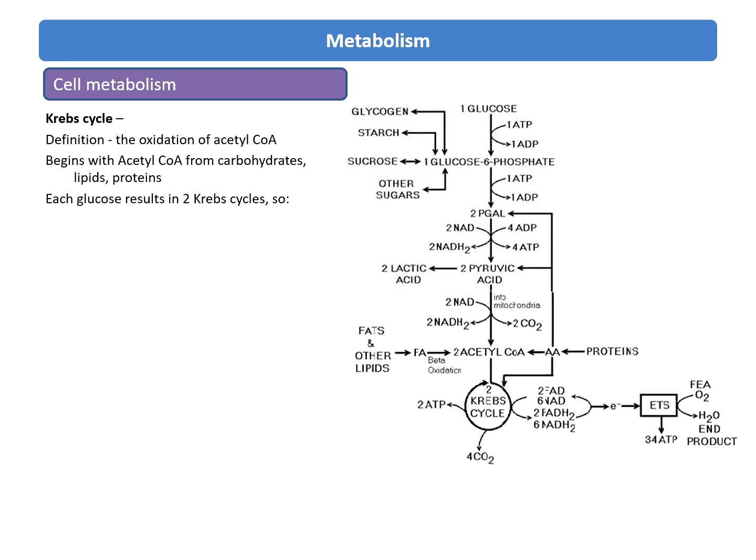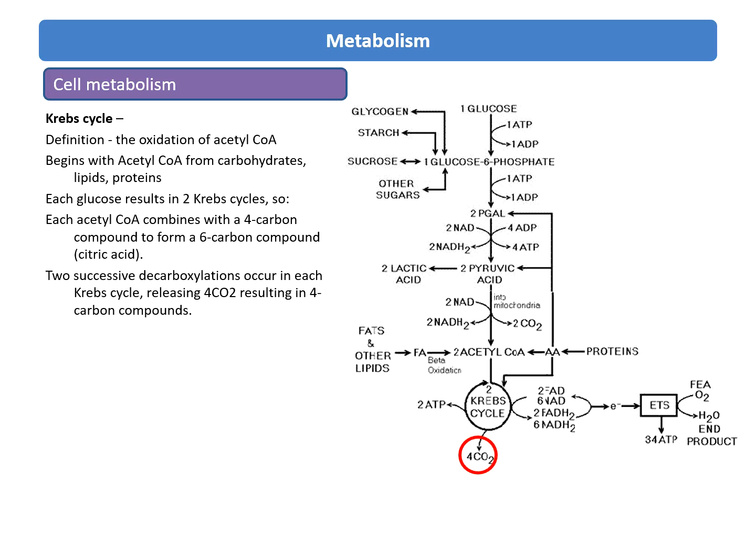Each glucose has resulted in 2 Krebs cycles. So each acetyl-CoA combines with a 4-carbon compound to form a 6-carbon compound. This is citric acid, the name used sometimes for the Krebs cycle. Oranges produce a lot of citric acid.